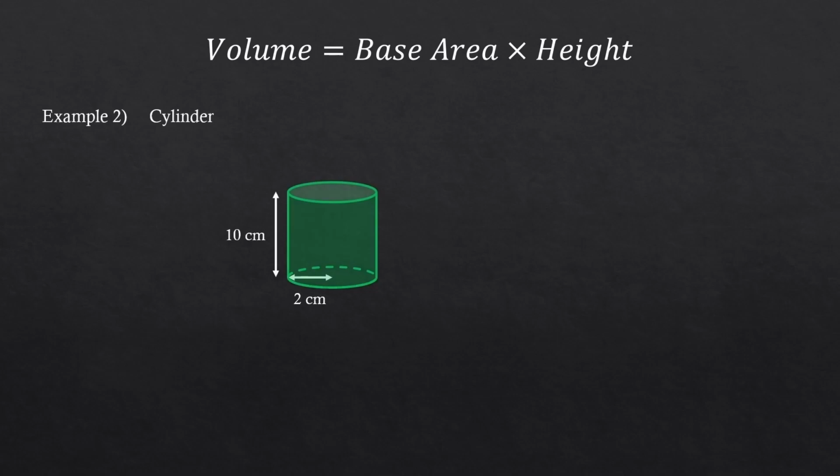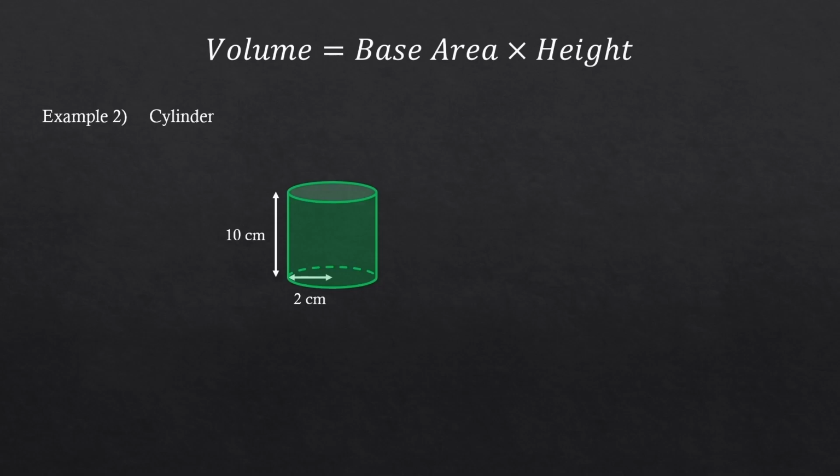Here is the second example. We have a cylinder that has a radius of 2 cm and a height of 10 cm. What is the volume? Can we find the volume of this cylinder just with these 2 numbers?